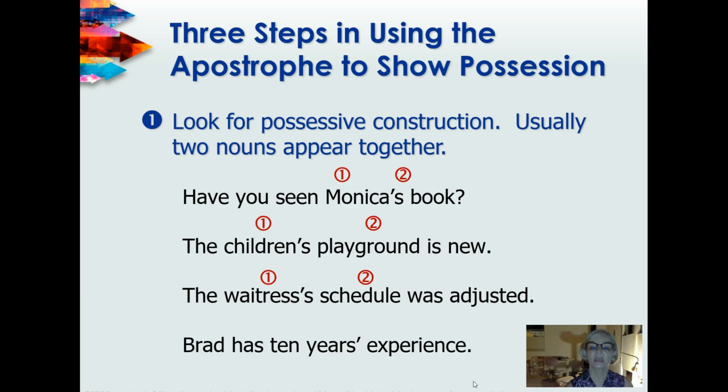Very important. See how this part here is named one, and notice how they are always nouns too. And this is where the number 2 is, and this indicates what it is. So number 1 is Monica, number 2 is the book, which is Monica's book.